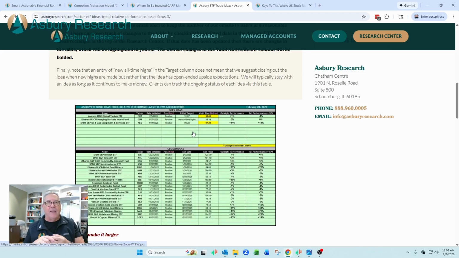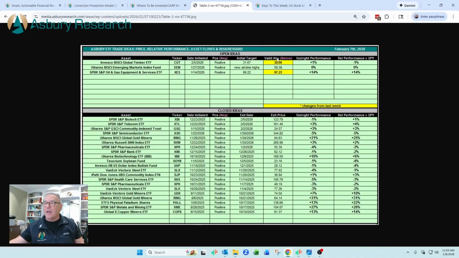And if the idea is stopped out, let's blow this up again. Valid above and below is a soft stop. So that means for CUT, the Global Timber ETF, if it drops through 30, an alarm goes off in our office and I start watching it, possibly to get out of the trade.